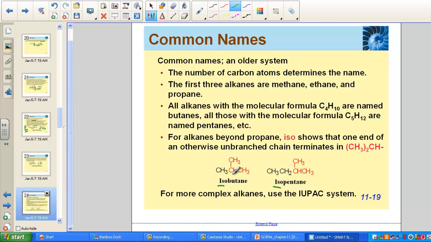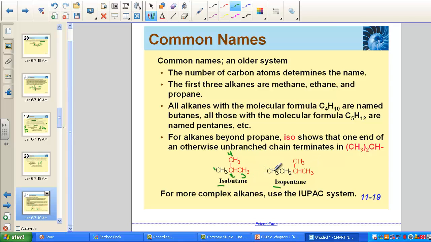If I see iso, what that's telling me is on a carbon, I have a branched chain of one carbon going off in each direction. Isobutane, notice it's 1, 2, 3, 4 carbons including the branch, including all number of carbons, isobutane.